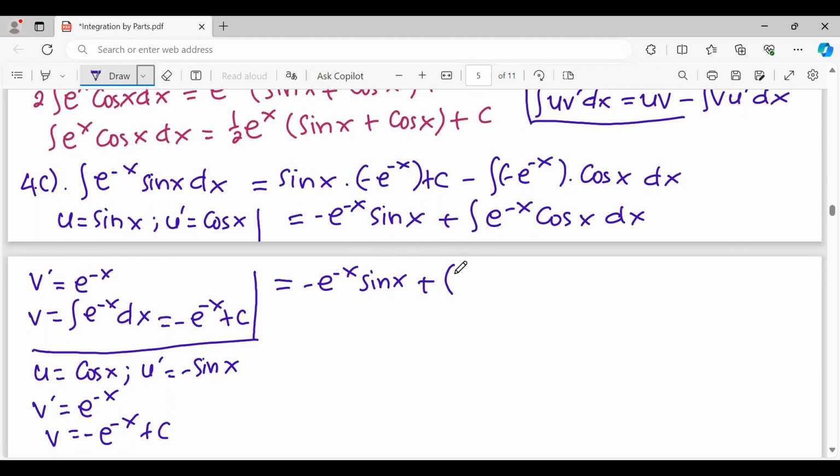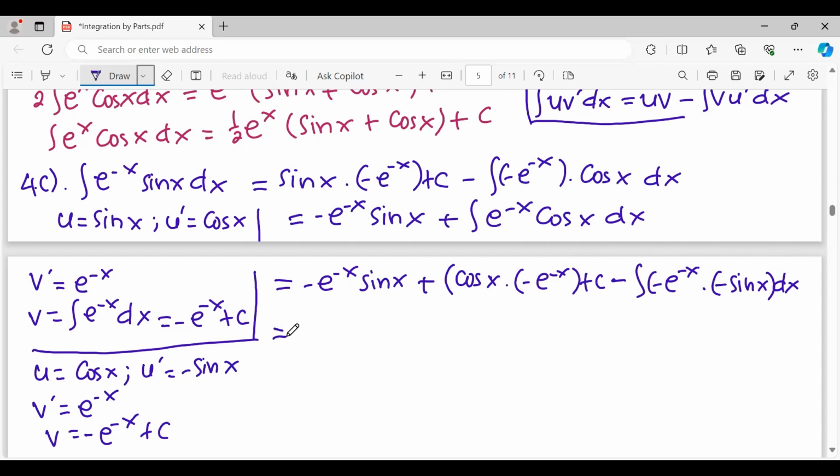U times v, it means cosine x times minus e power minus x plus c, minus integral of minus e power minus x times minus sine x dx.